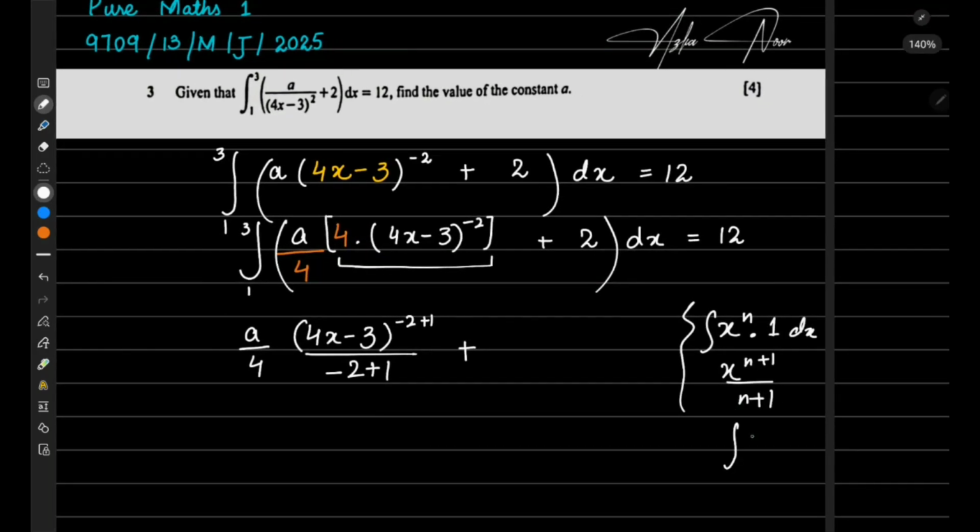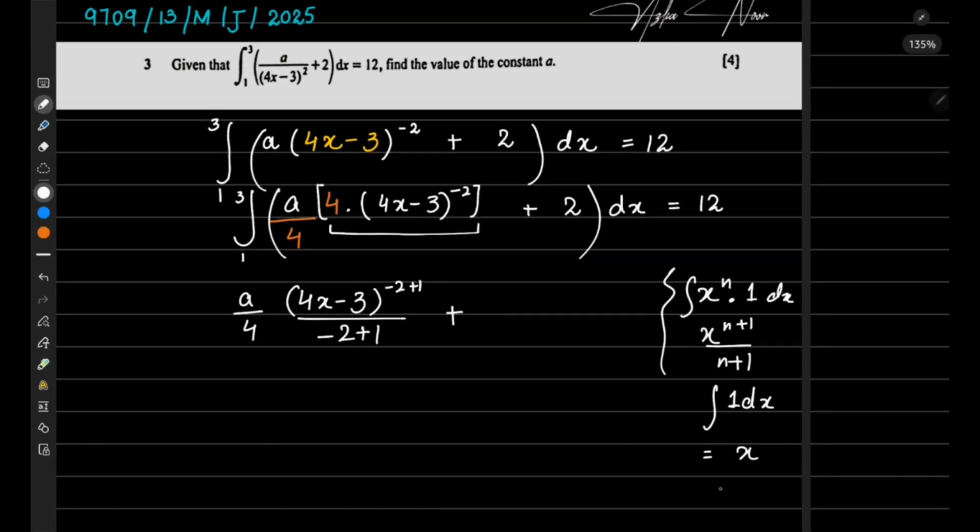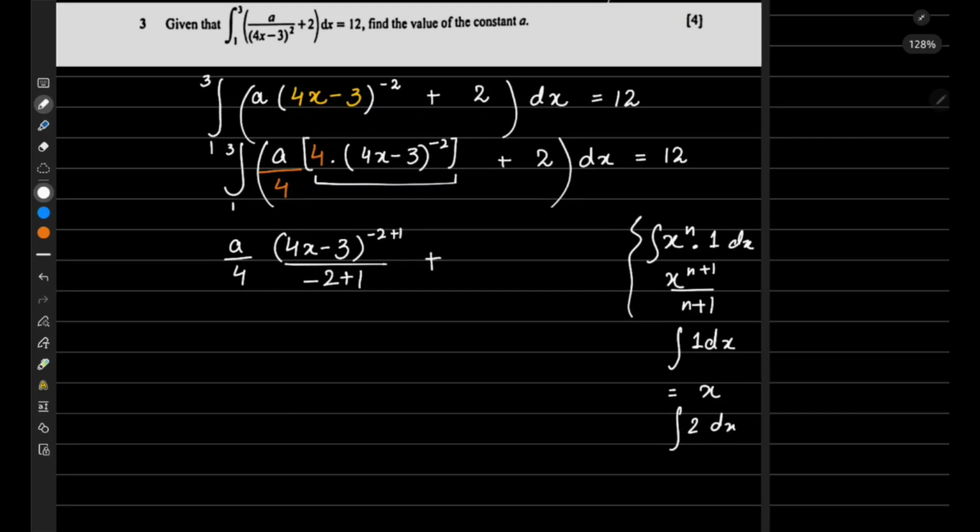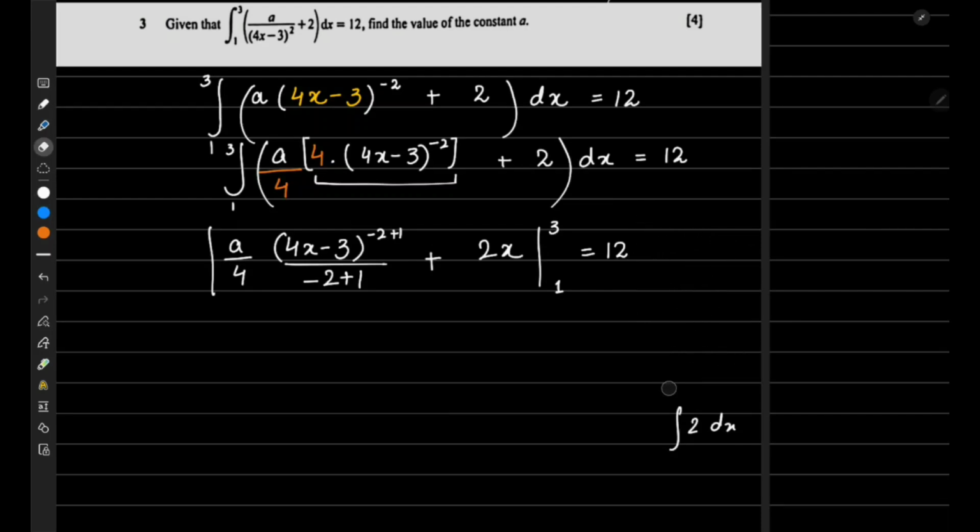Integral of any constant number is the constant times the variable x. And we will not add the constant of integration as we are integrating with limits. So equals 12. I don't think it is needed, so I'm removing it.